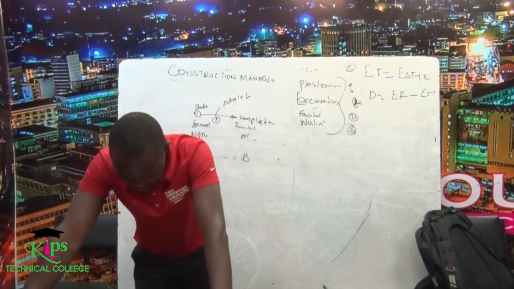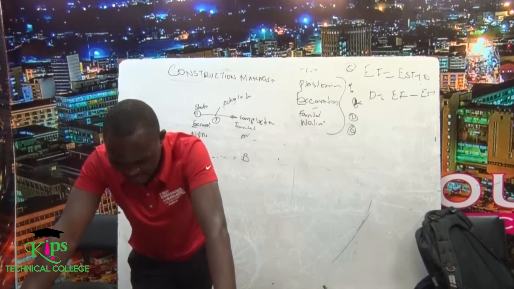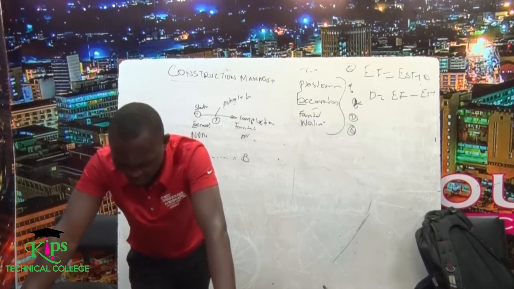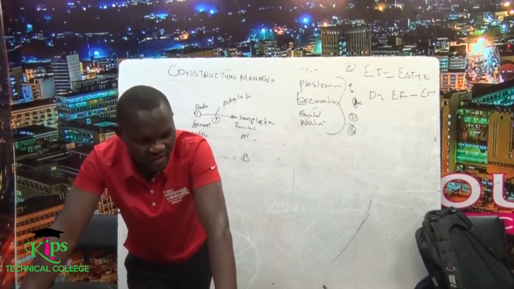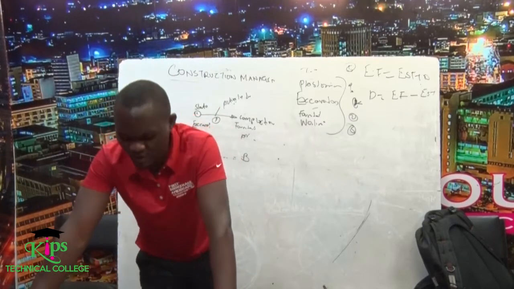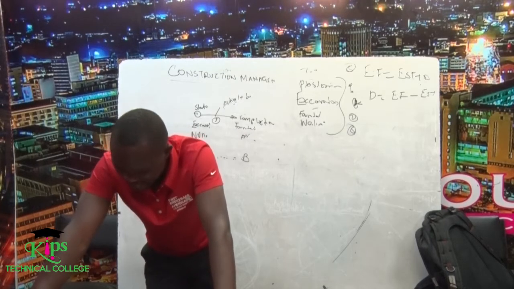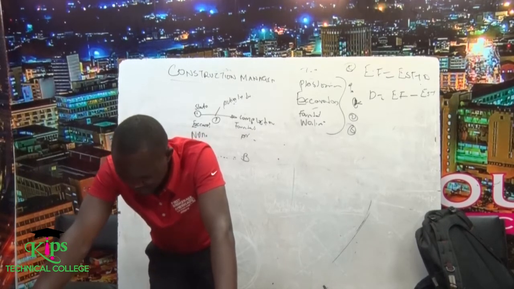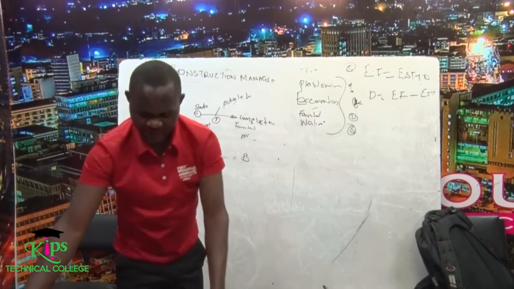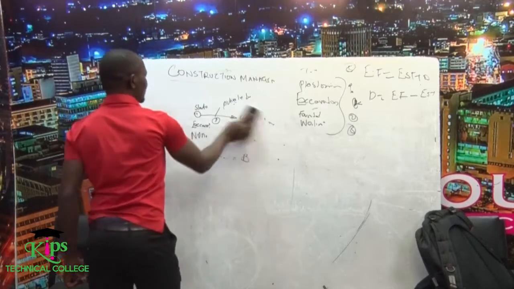Then we have the latest start time, which is the latest time that an activity may be started without delaying the completion of the project, that is, without delaying the subsequent activities. Then we have the latest finish time, the latest time at which the activity can be finished without delaying the completion of the project.